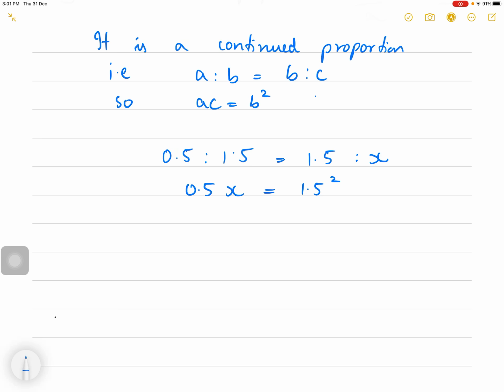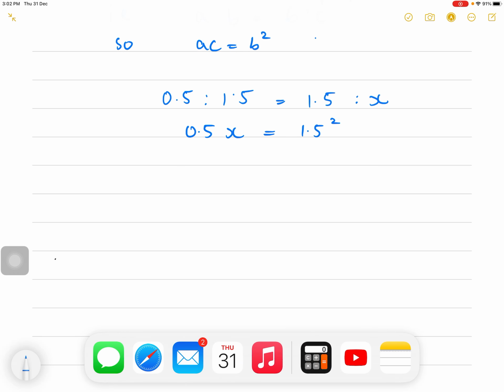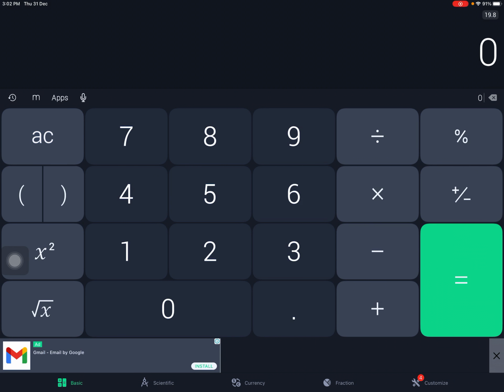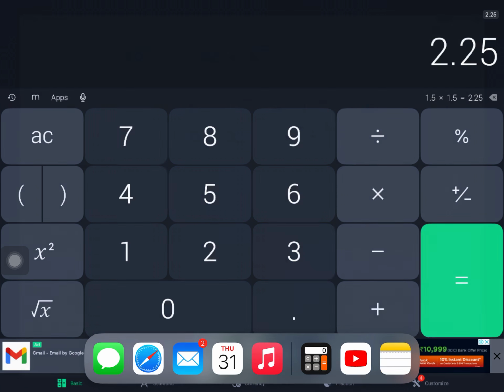Okay, so 1.5 square. Let's see what is 1.5 square. 1.5 into 1.5 is equal to 2.25, right?